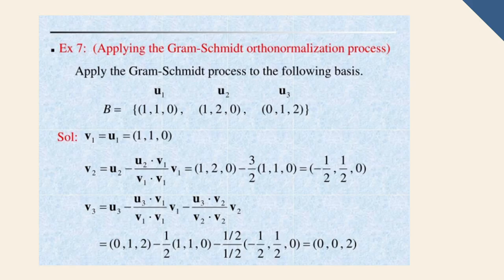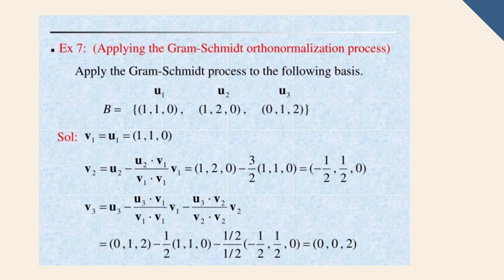Let's apply Gram-Schmidt to this basis B, made of u1 equals (1, 1, 0), u2 equals (1, 2, 0), and u3 equals (0, 1, 2). We start with v1 equals u1, so v1 is (1, 1, 0).